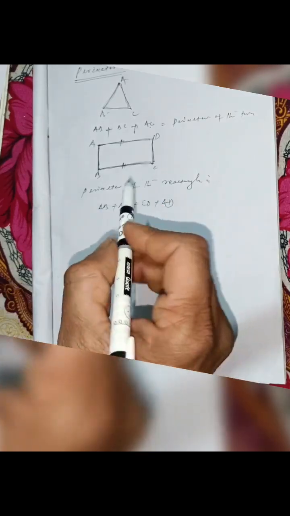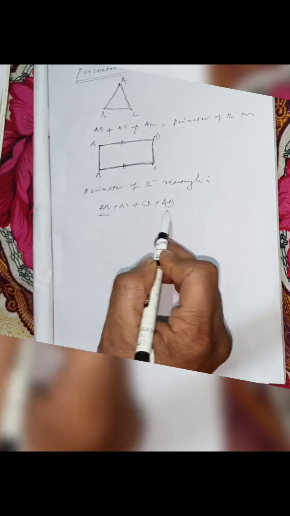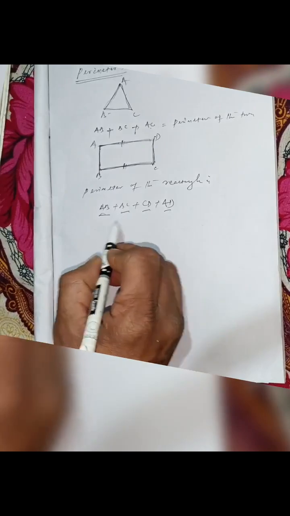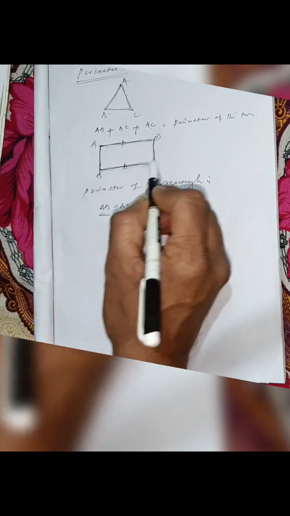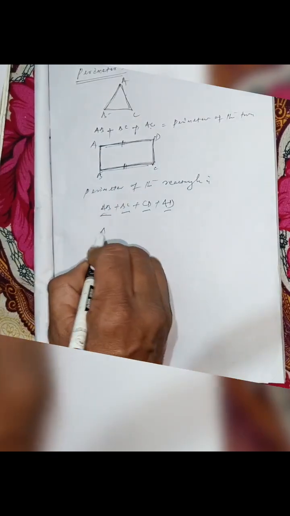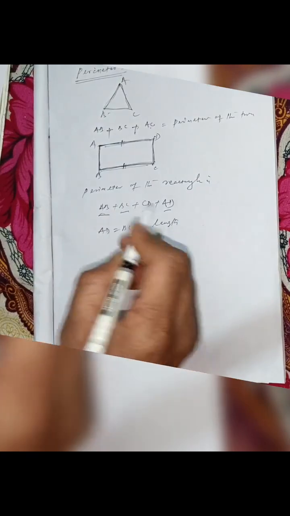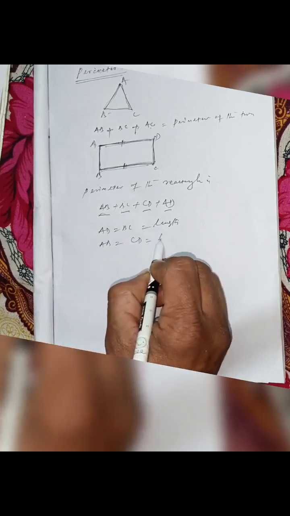But by the characteristic property of rectangles, the opposite sides are equal: AB is equal to CD, BC is equal to AD. Here the larger side is known as the length, so AD equals BC equals length. The other side, AB equals CD, will be its breadth.